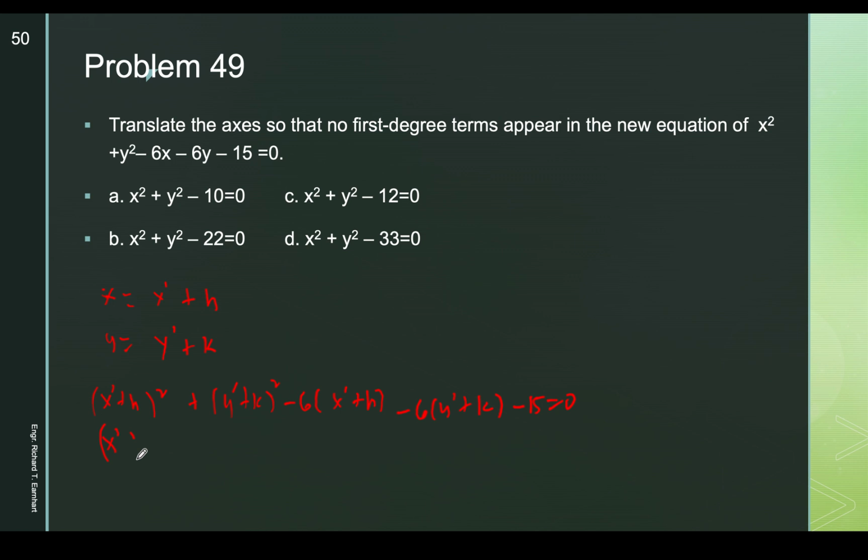So x prime quantity squared. Okay, we have here twice the product, so 2h x prime plus h squared, y prime squared plus 2k y prime plus k squared minus 6x prime minus 6h minus 6y prime minus 6k minus 15 equals 0.